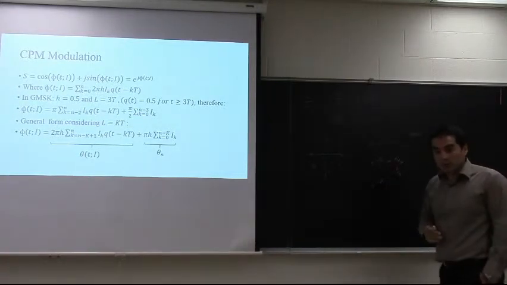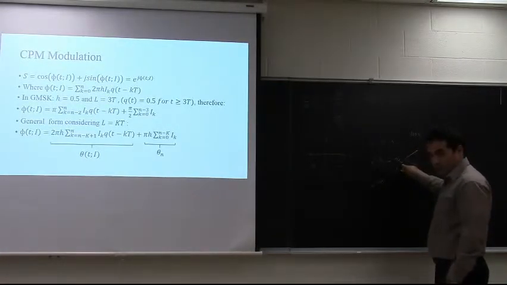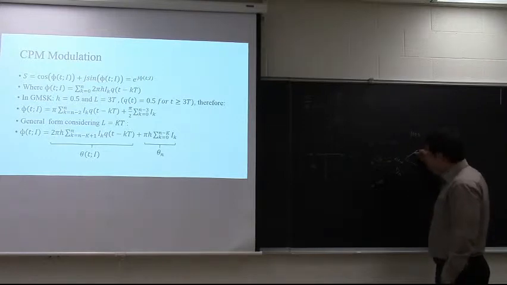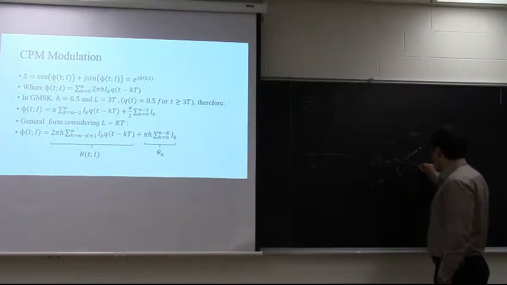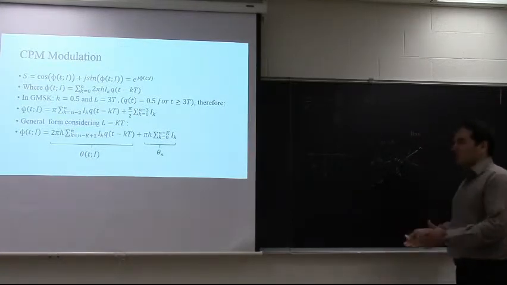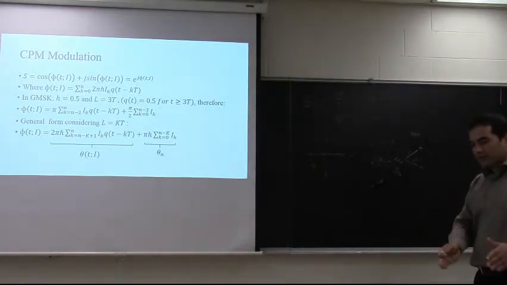The most important point is here. This one will go to pi for plus 1, and it will go to 0 for minus 1. It means that if it was plus, you just add pi over 2 to the phase.